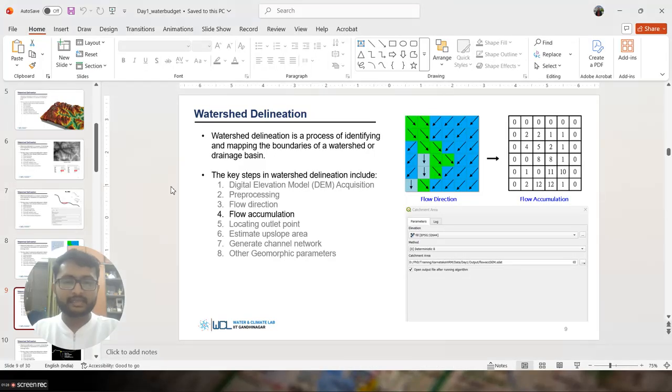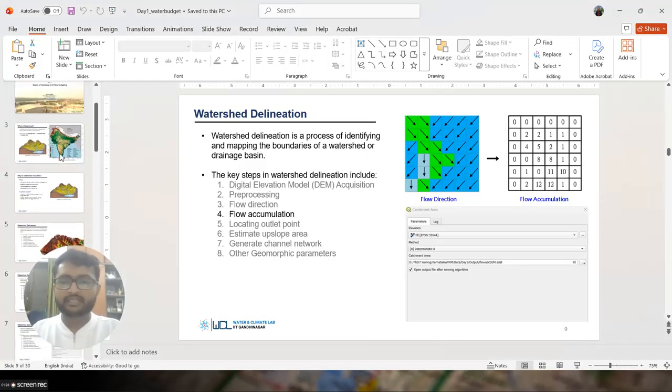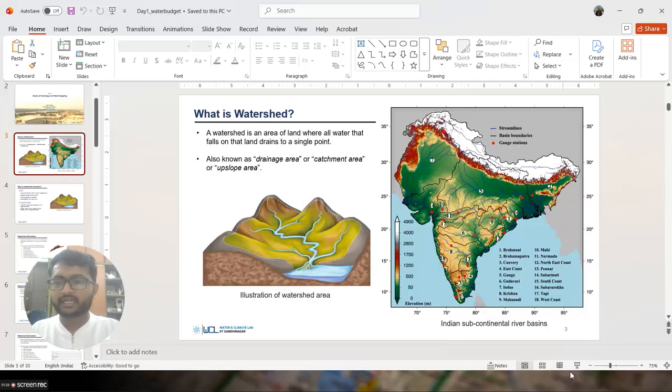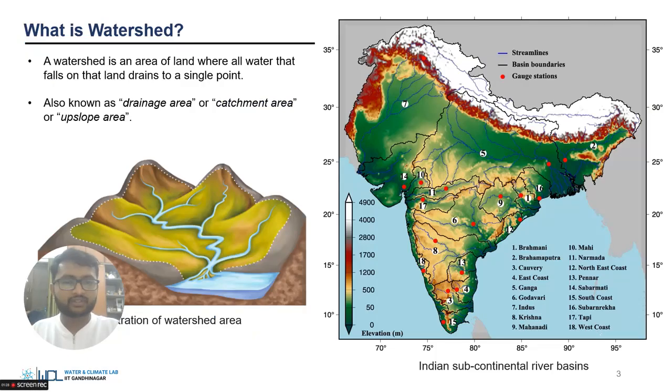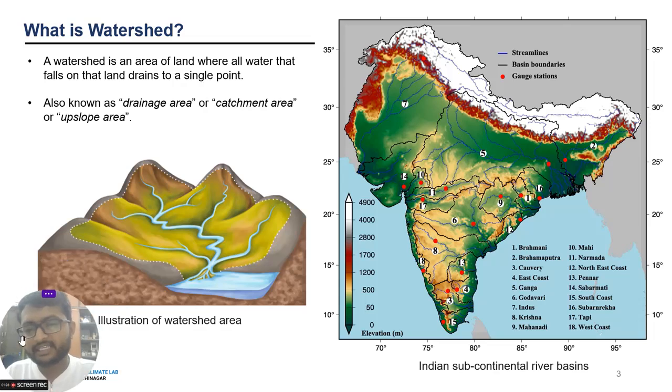For that, I will give you a brief on how we conduct this kind of analysis, what a watershed is, which we generally use for hydrological purposes. Here we are interested in delineating the watershed area. So first, the question that comes to our mind is, what is a watershed? The answer is, a watershed is an area of land from where all the water is collected and goes to one single outlet point.